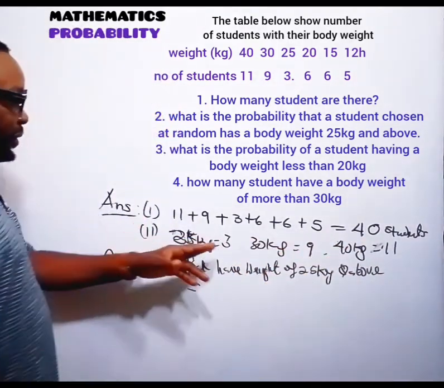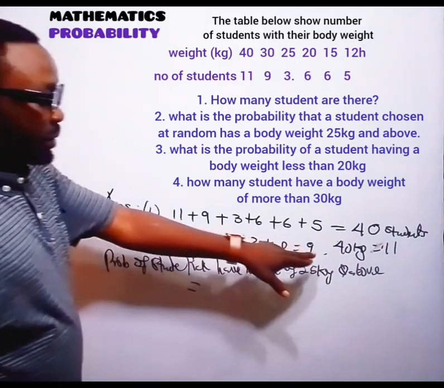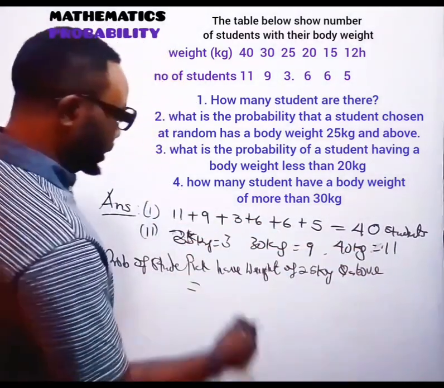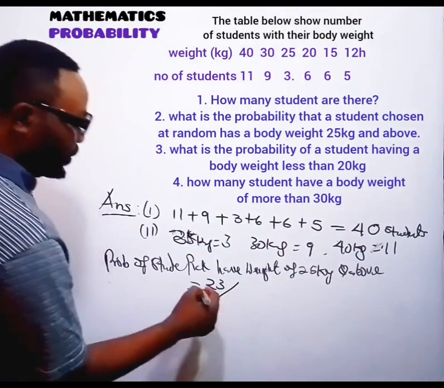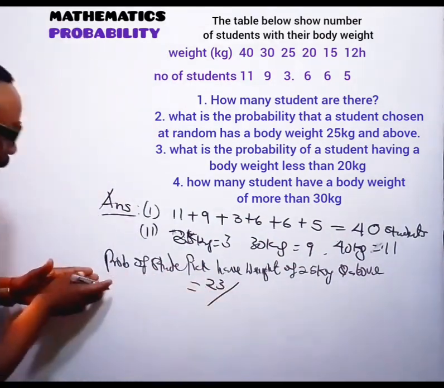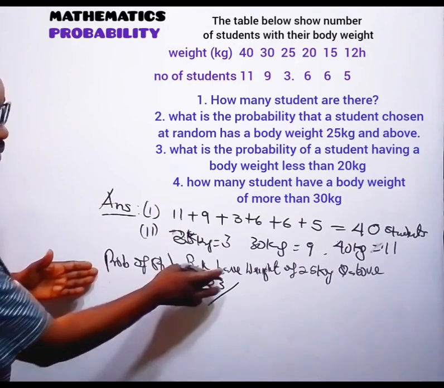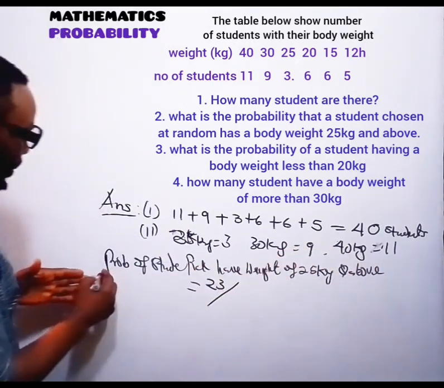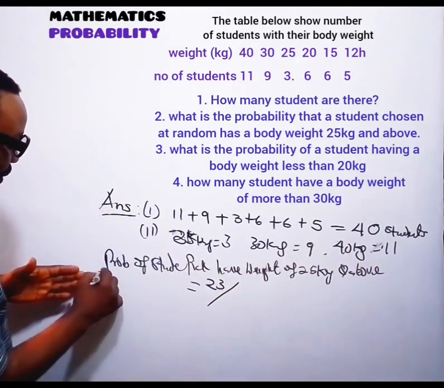We have 3 plus 9 plus 11, that is 23, over the total number of students.